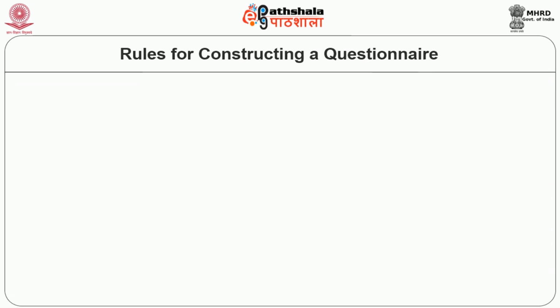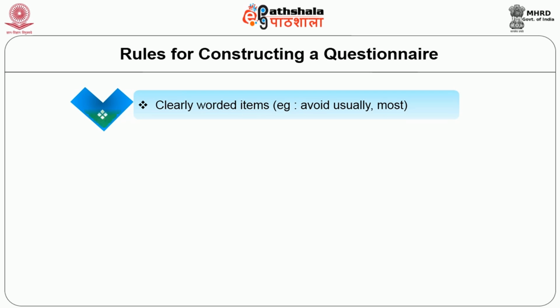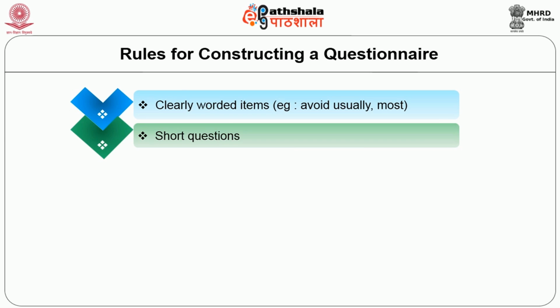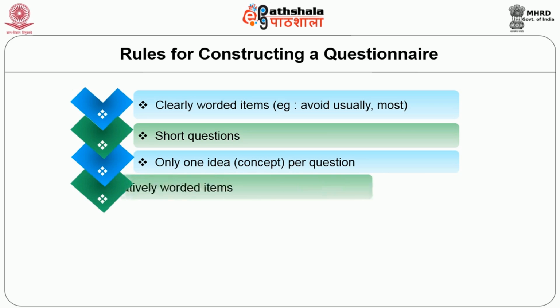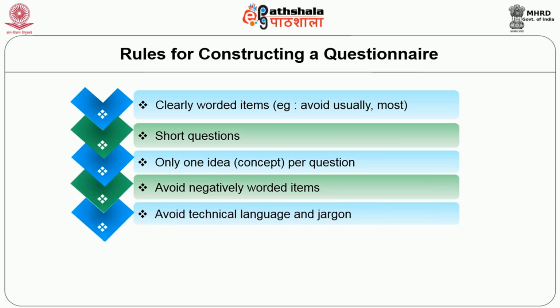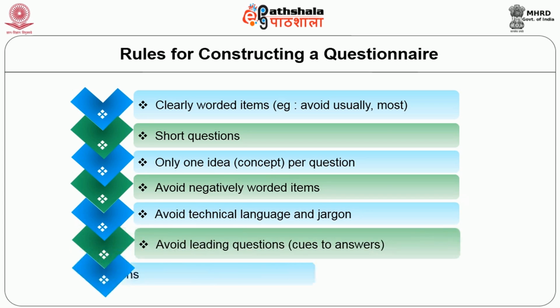Let us now see about the rules for constructing a questionnaire, which include clearly worded items, short questions, only one idea or concept per question, avoiding negatively worded items, avoiding technical questions, and avoiding lengthy questions.